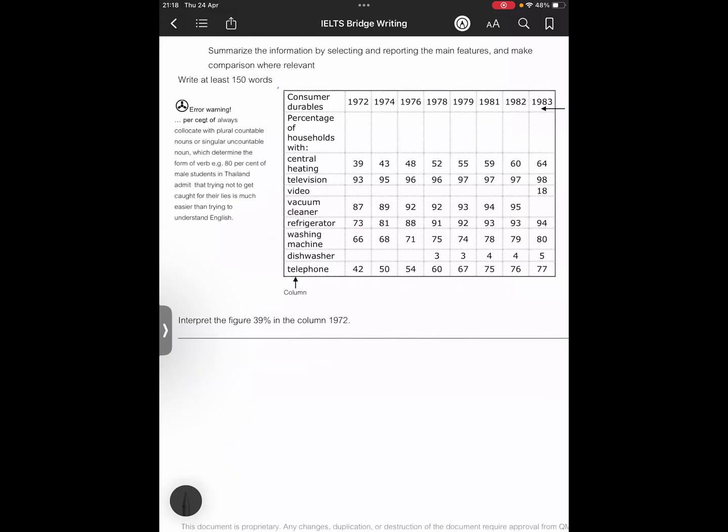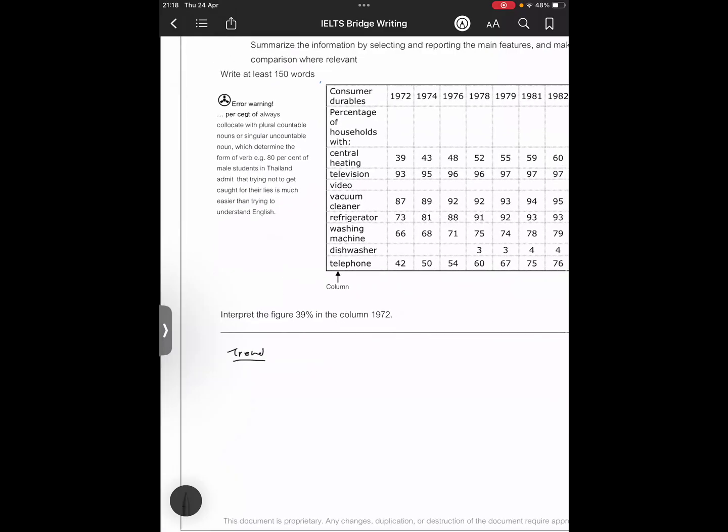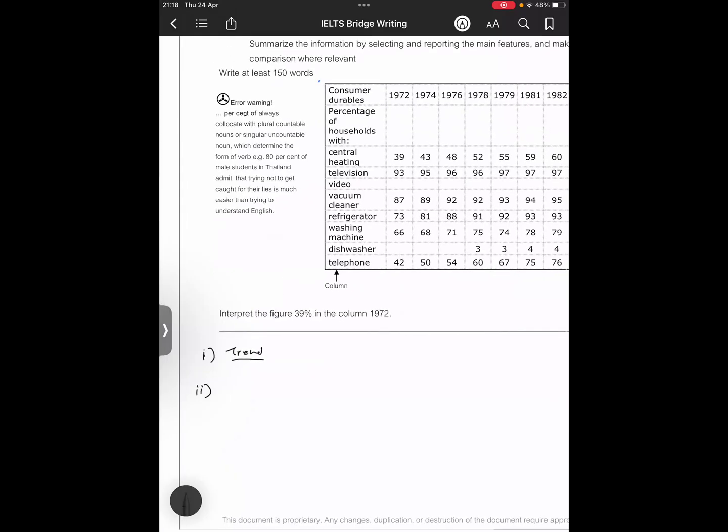We have different methods. We can use trend, we can use time, we can use category.